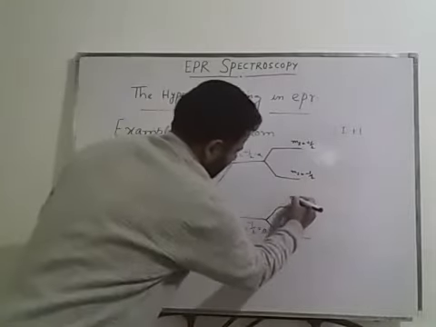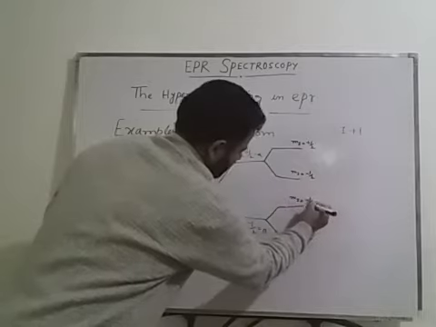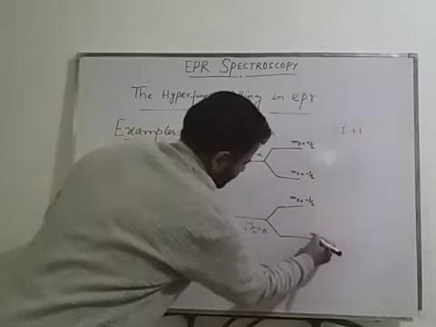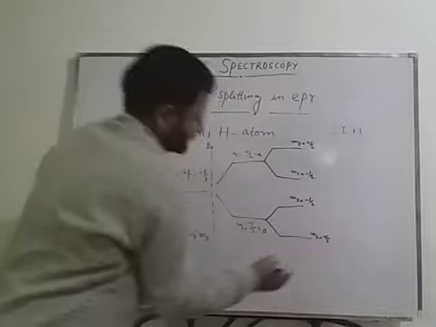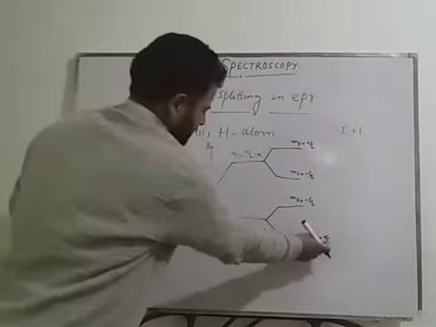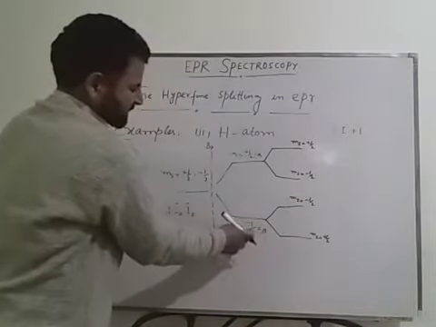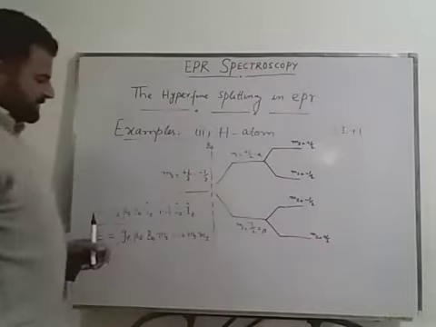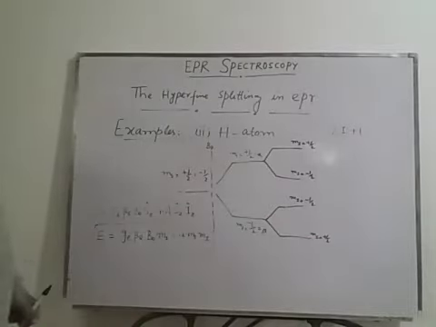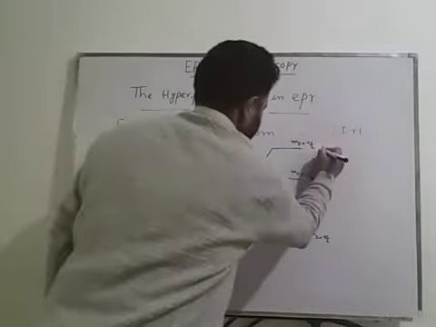So Mi is equal to minus 1 by 2, and Mi is equal to plus 1 by 2. When Mi is plus 1 by 2 and Ms is minus 1 by 2, minus times plus will be minus. I will show it according to this equation. So the energy will be here.